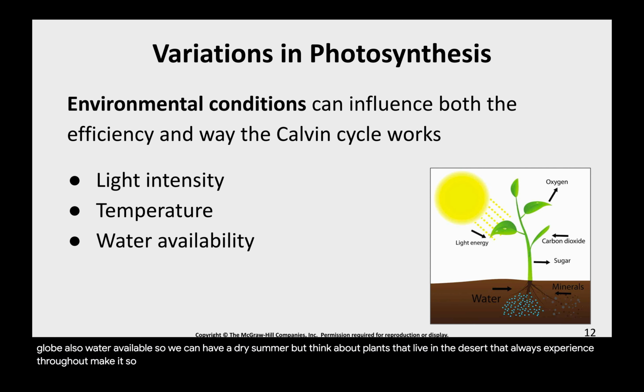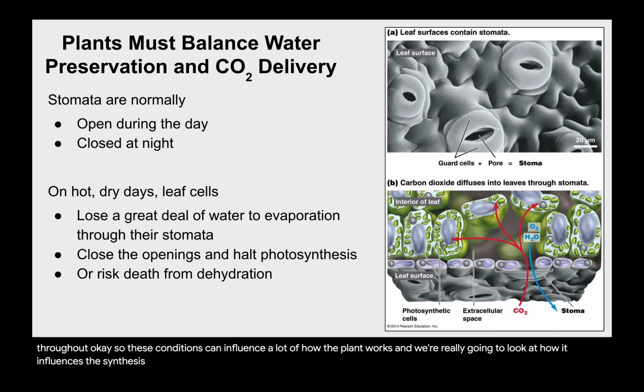So these conditions can influence a lot of how the plant works, and we're really going to look at how it influences photosynthesis. So plants have to be able to balance water preservation and CO2 delivery. If we think back to our leaf anatomy, we talked about the stomata.